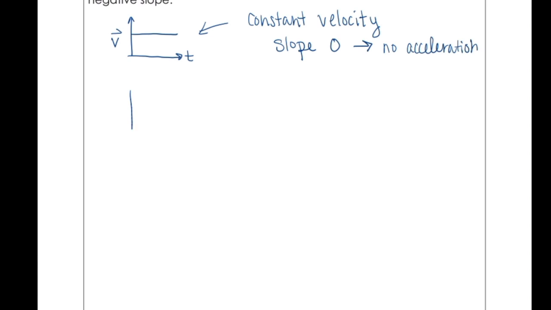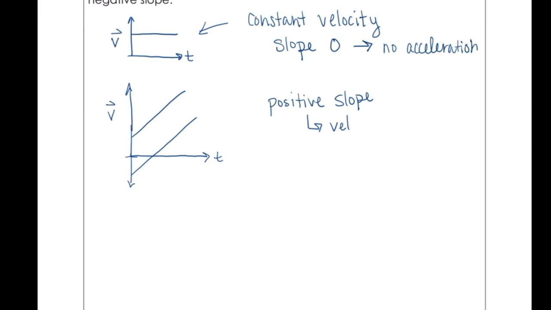Okay, for this next one, lines with positive slope means that our velocity is increasing in that particular direction.